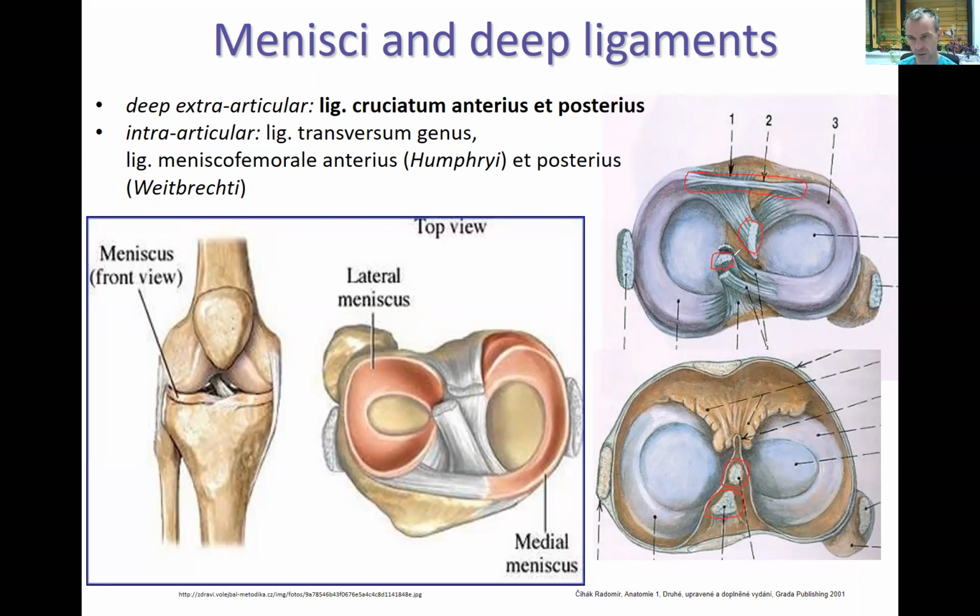The posterior cruciate ligament is strengthened by weak ligaments called the anterior meniscofemoral and posterior meniscofemoral ligaments.